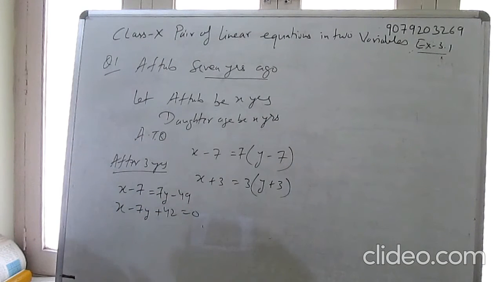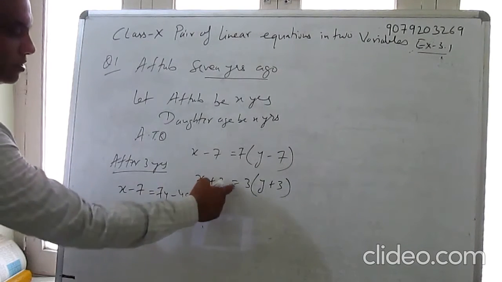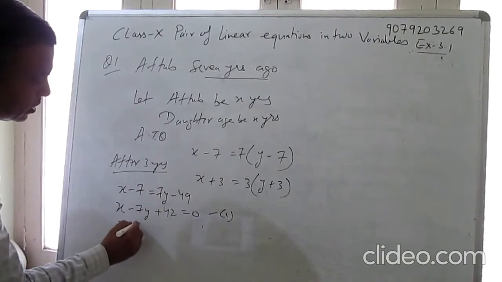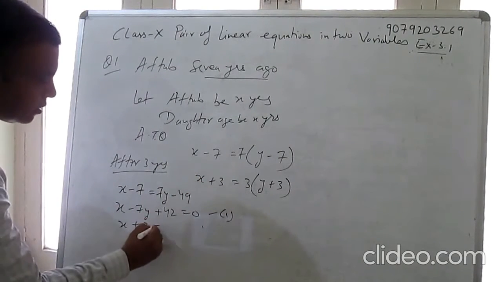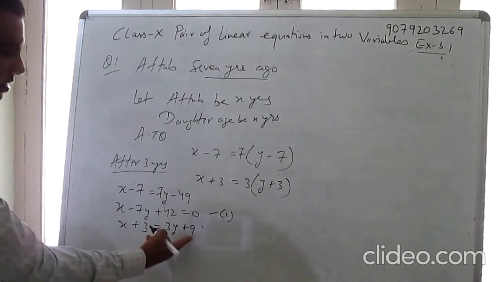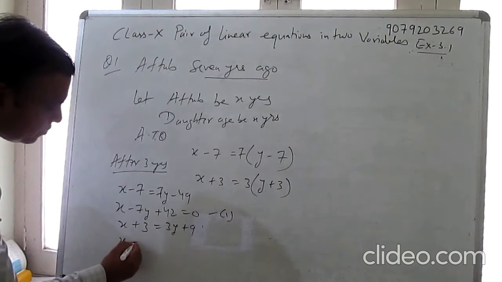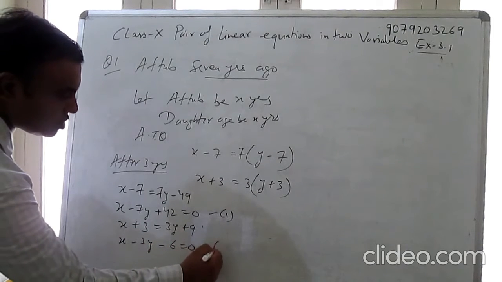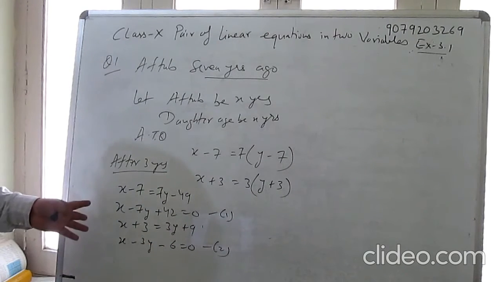Now the second equation: x plus 3 is equal to 3y plus 9. Turn 9 to this side and y to this side, and you get x minus 3y minus 6 is equal to 0. This is the second equation.